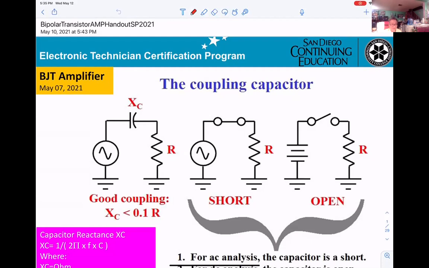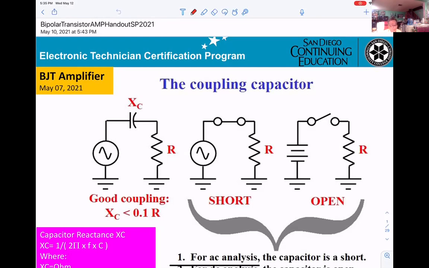That means for either bipolar or JFET, the first part of the circuitry will be the DC bias. You need the DC power for the transistor to work, okay? Then you use the transistor as an amplifier.